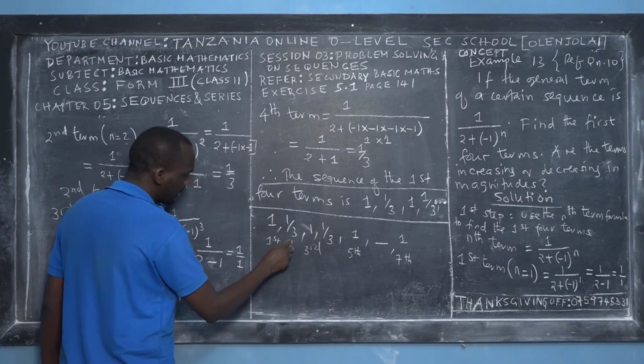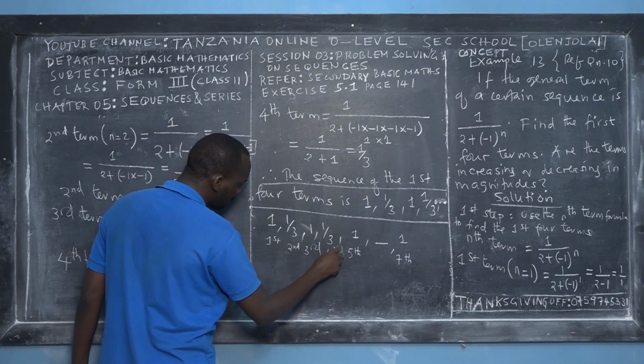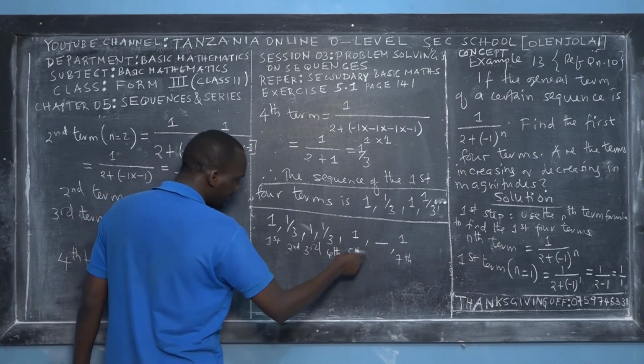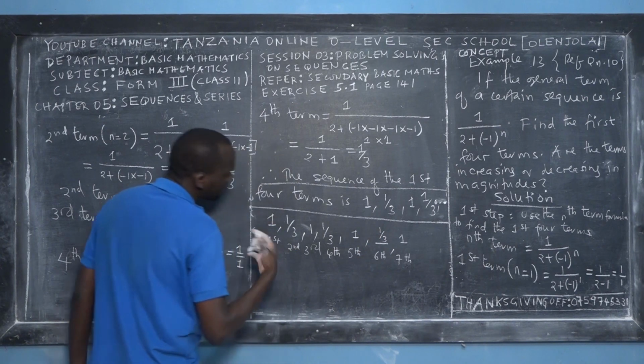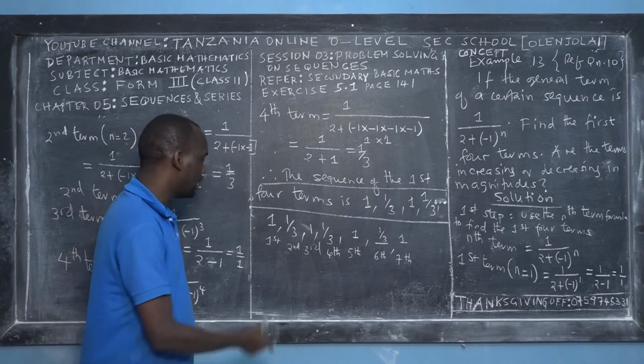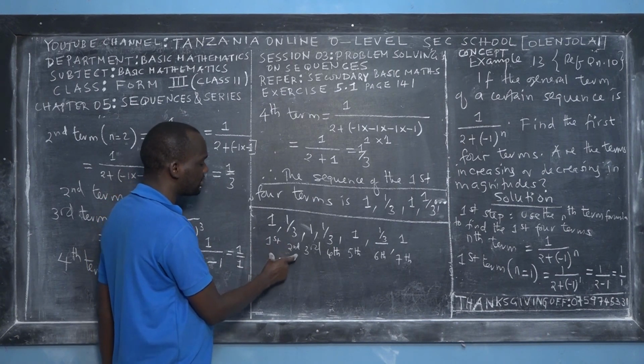So if you come here, the second term is 1/3, the fourth term is what? 1/3, even the sixth term will be what? 1/3.